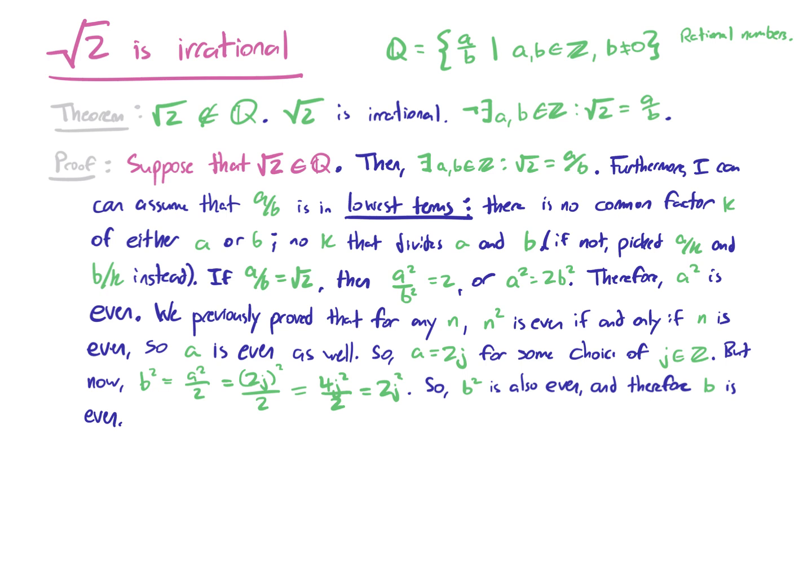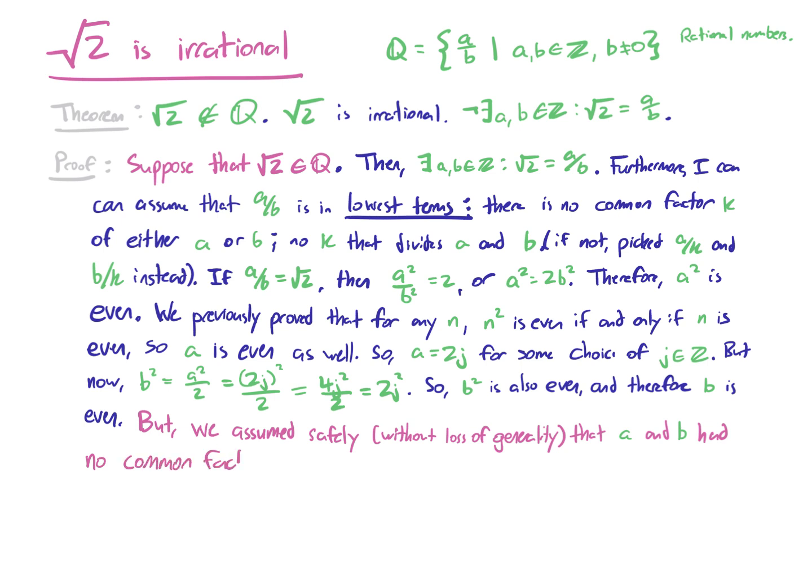However, and this is now where my contradiction comes from, we assumed safely, without loss of generality, that a and b had no common factors.